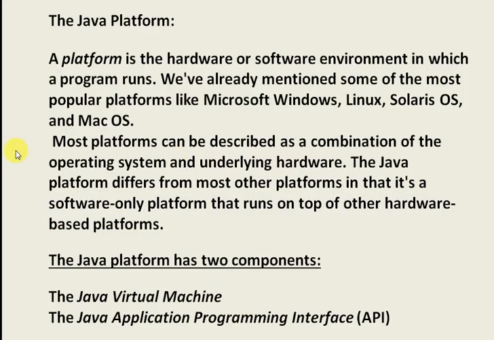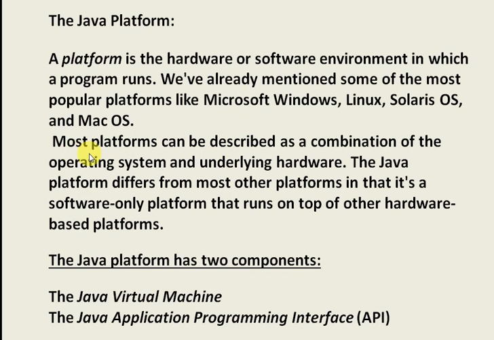Next is the platform. What is the platform? The platform means the hardware and software environment in which a program can run. I have already mentioned Windows or Linux and other operating systems already have the Java platform, so it is easier to produce the output without going to the actual hardware interface of the operating system.